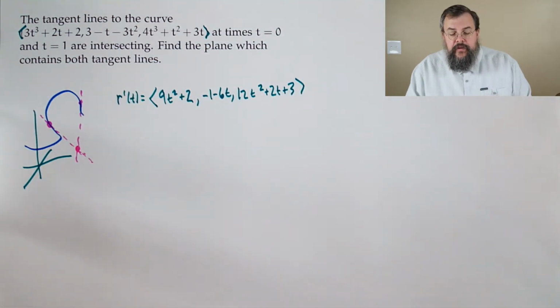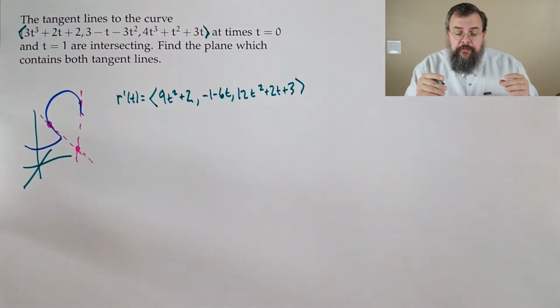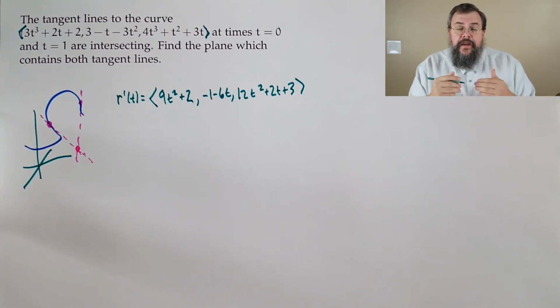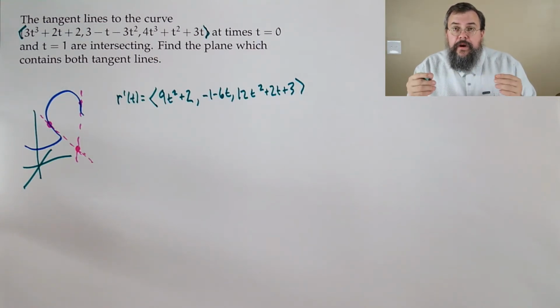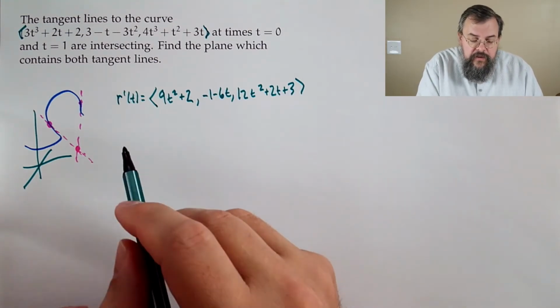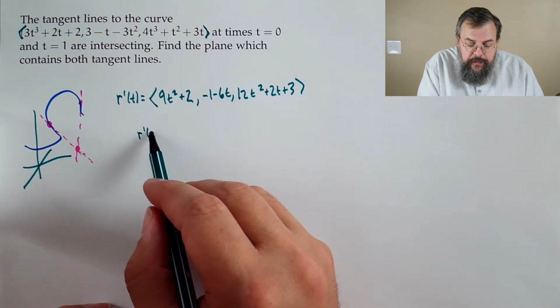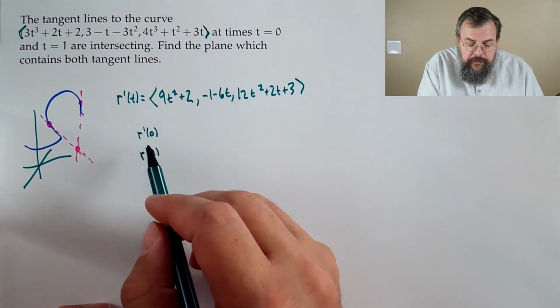All right, so that is our derivative at any given point. Now, how do we use that? Well, r prime of something, when we evaluate, is the direction vector of our tangent line. So the direction vectors of our tangent lines are r prime of 0 and r prime of 1.